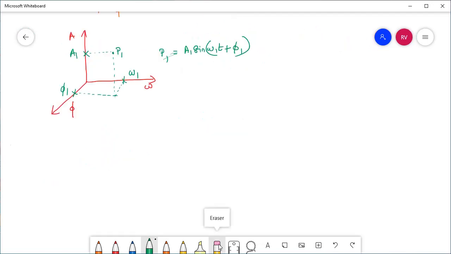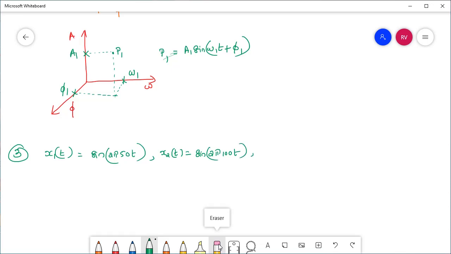Now consider a different scenario, where I have three sine waves. Let's call the first sine wave x1 of t is sine 2 pi 50t, a sine wave with frequency 50 Hz. x2 of t is sine 2 pi 100t, a sine wave with frequency 100 Hz.